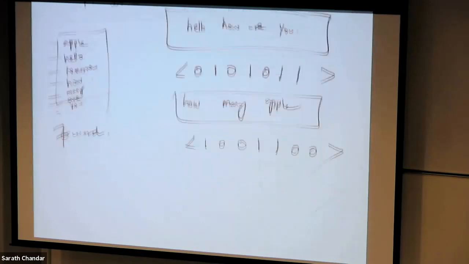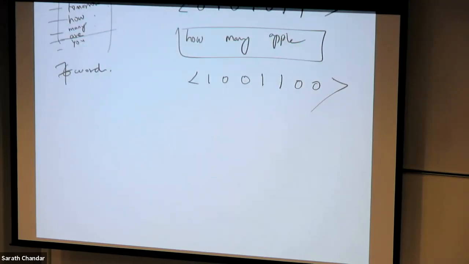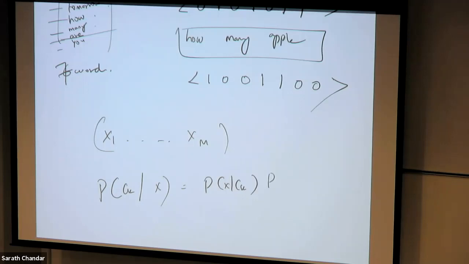Okay. So now my input is an m-dimensional vector. It is 1 if that word is present, and 0 if the word is not present. Now I can easily apply naive Bayes here. So probability of ck given x is given by probability of x given ck, p of ck, which is the product over i equal to 1 to capital M, p of xi given ck, times p of ck.